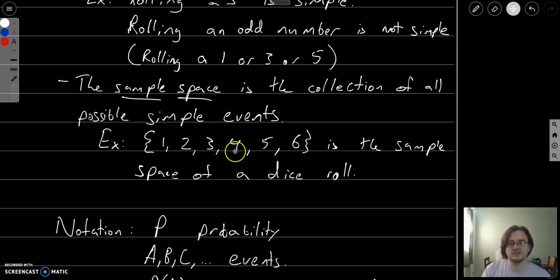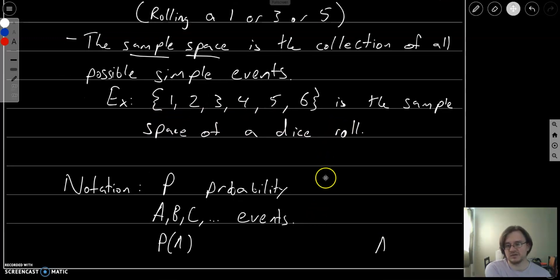So those six outcomes are all of the simple events that we can see. Typically, the sample space is going to be fairly straightforward when you're talking about a particular procedure. Identifying the simple events is just going to be the results that you read off.